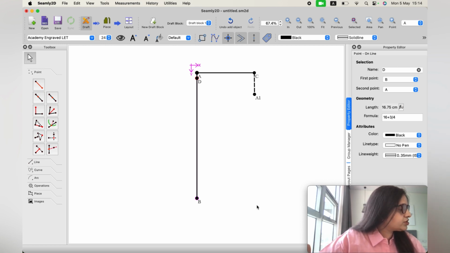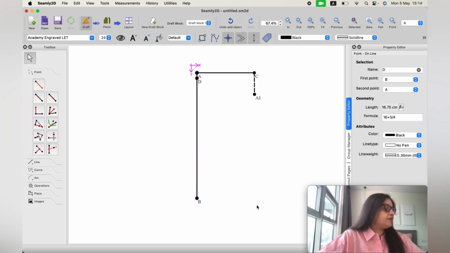So my figure 6 is almost ready. Now I need B to E, which is my back arc, which is given as 8 5/8 plus 3/4 inch for ease. So I'll start from here.